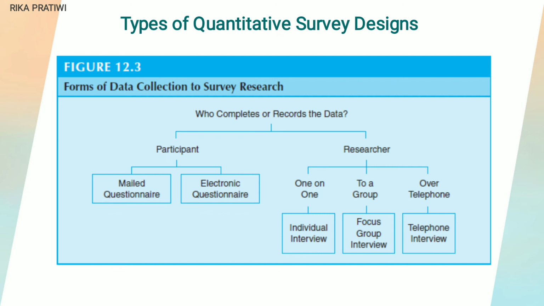The focus group interview: the researcher locates or develops a survey instrument and convenes a small group of people, typically a group of 4 to 6, who can answer the questions, and records their comments on the instrument. And the telephone interview: the researcher records the participants' comments to the question instrument over the telephone.